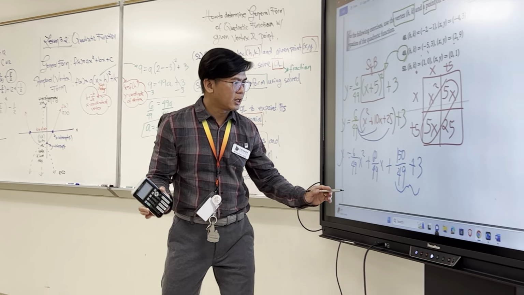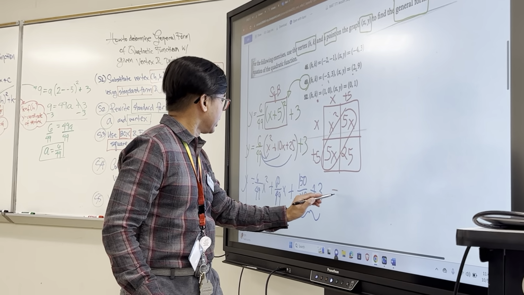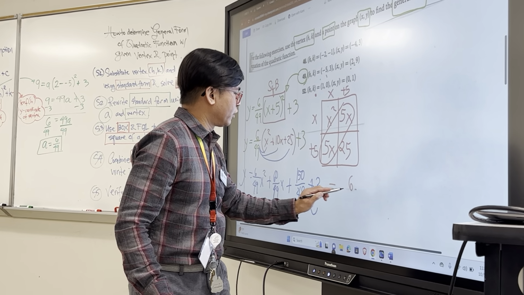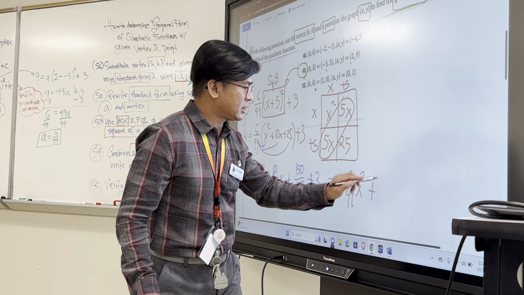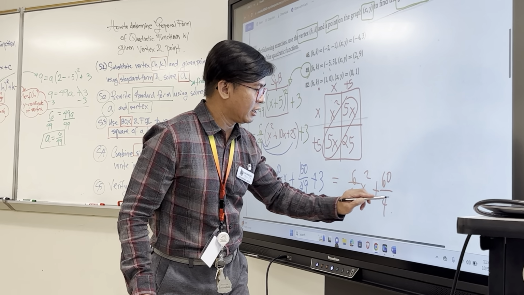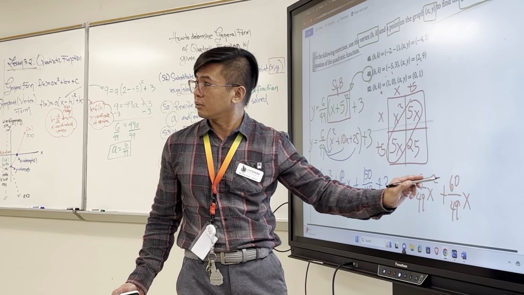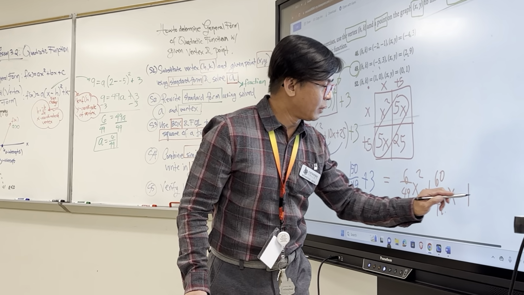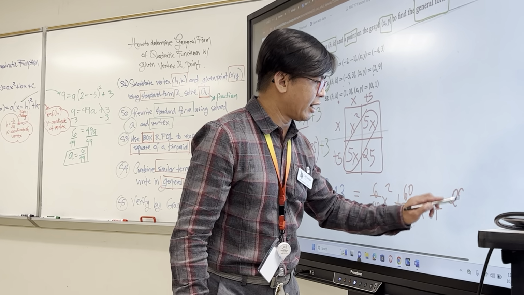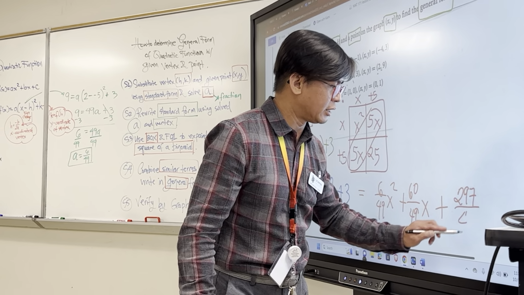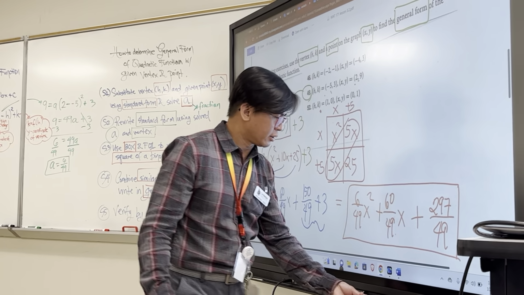My answer is as follows: 6 over 49 x squared plus 60 over 49 x. By the way, the x should not be in the denominator, but after the fraction. Plus, combined together, I got 297 over 49.